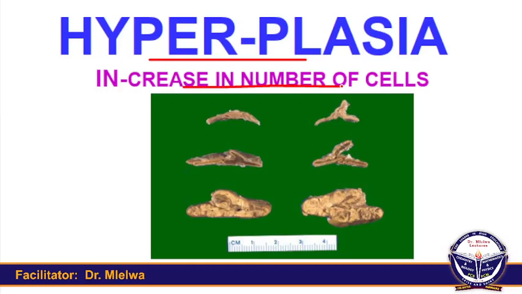So due to increase the stress or increase the workload, seli zinaongezeka idadi ili ziweze kucope with ile increase workload ambayo imekuwepo. Sasa remember, hyperplasia only occur if the tissue is able to replicate or is able to divide.